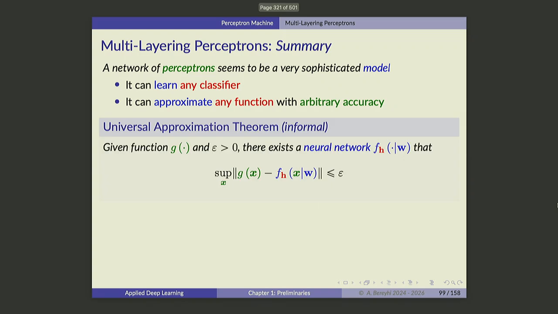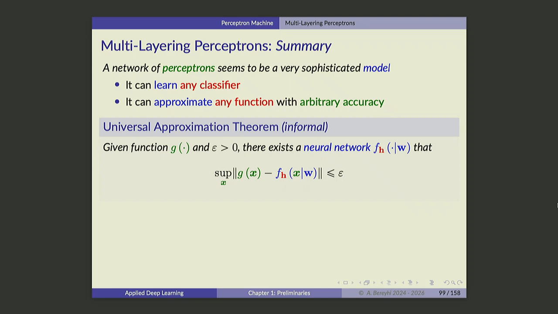And this is what we call the universal approximation theorem. And I'm just presenting it here for you in an informal way. So this had been done in the 80s or something. Those of you who know about Vladimir Vapnik have probably heard of it. There are also lots of other people who tried to show this. And this was one of the basic theoretical results which somehow brought this idea into attention, that if you have a network of artificial neurons, probably you are capable of doing a lot of things.